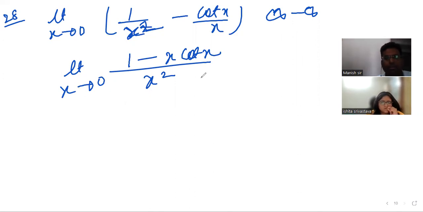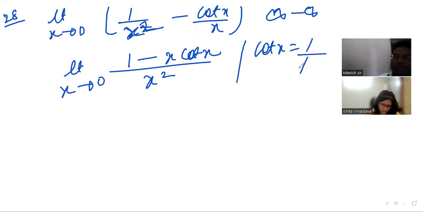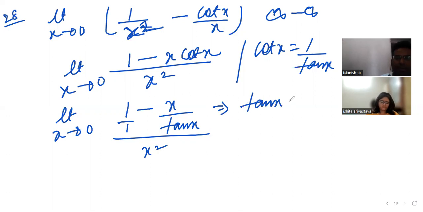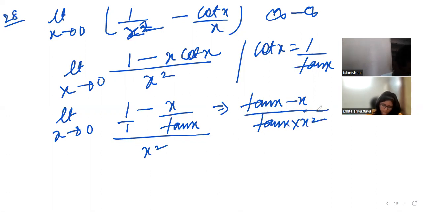You can also directly differentiate, or you can convert into tan also. So cot of x can be written as 1 upon tan of x. So it will become limit x tends to 0, 1 minus x upon tan of x divided by x square. Take the LCM, then it will be tan of x minus x divided by tan of x into x square, right?